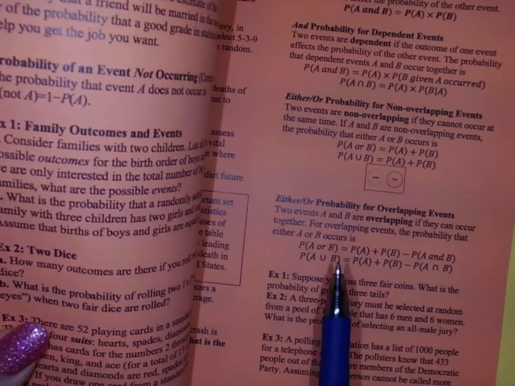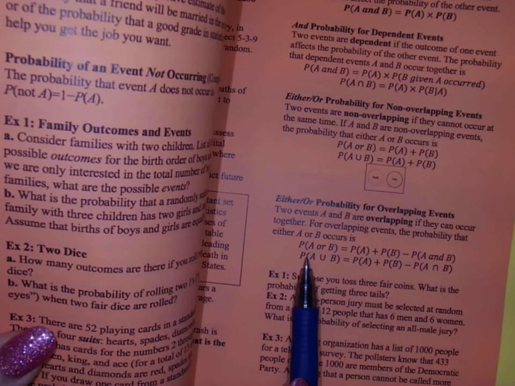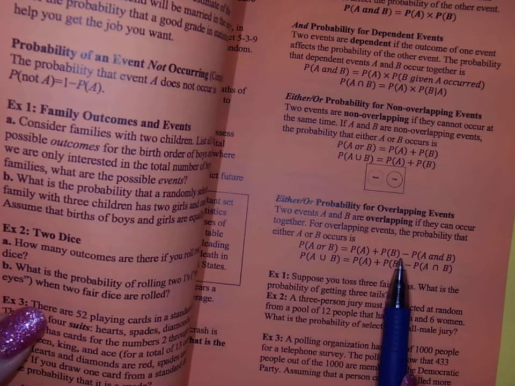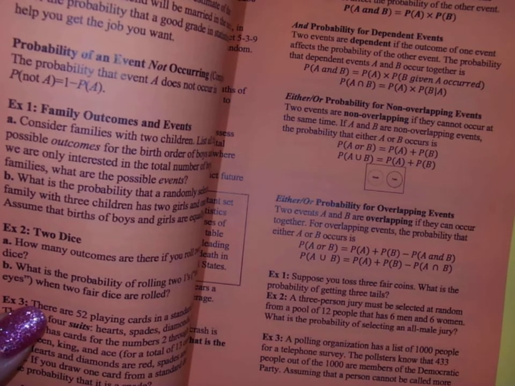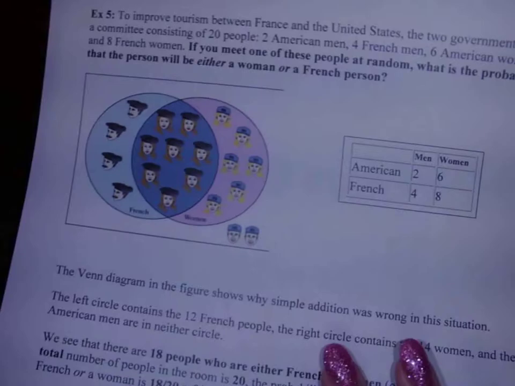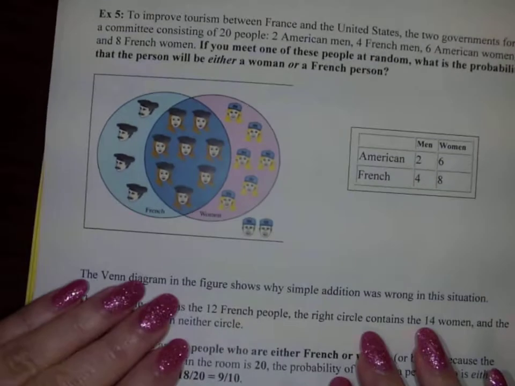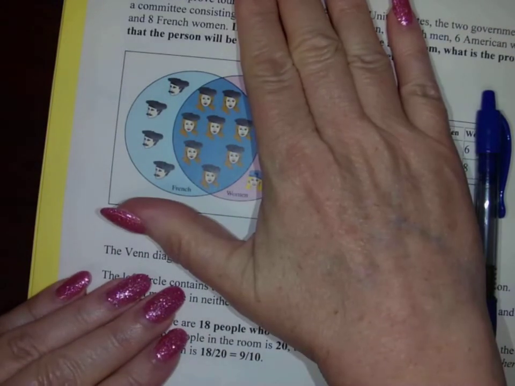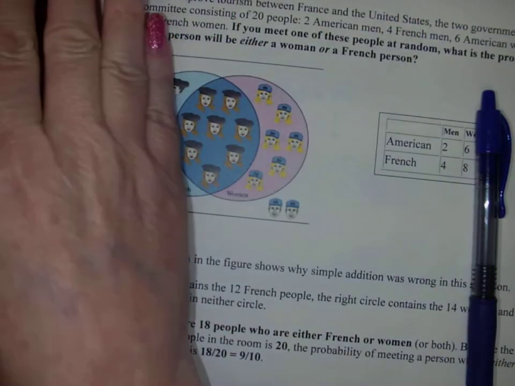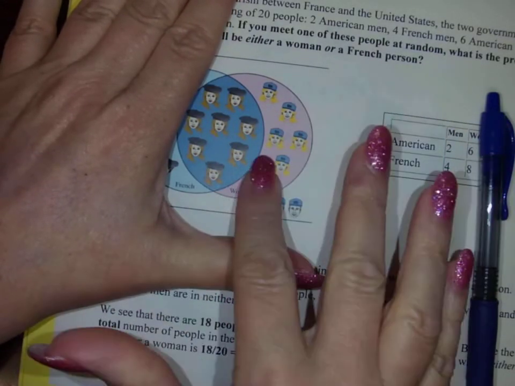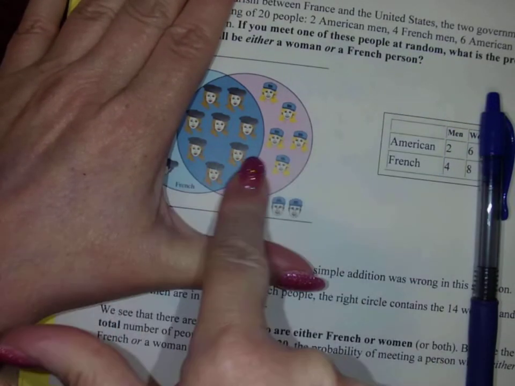So the union of French and women will take the French and the women, and then we have to subtract out where they overlap. So a picture is sometimes worth 1,000 words. So here we have in the blue circle, it's all the French, and in this part with the dark blue and the women, this is all women.